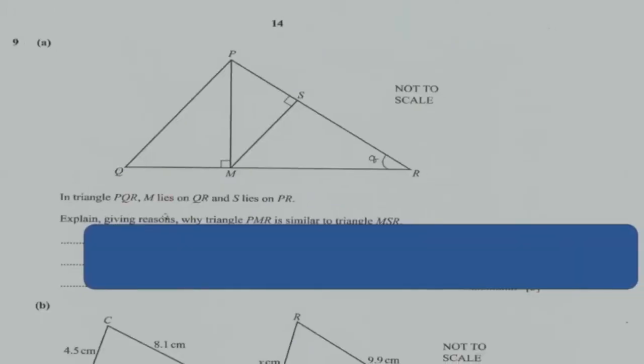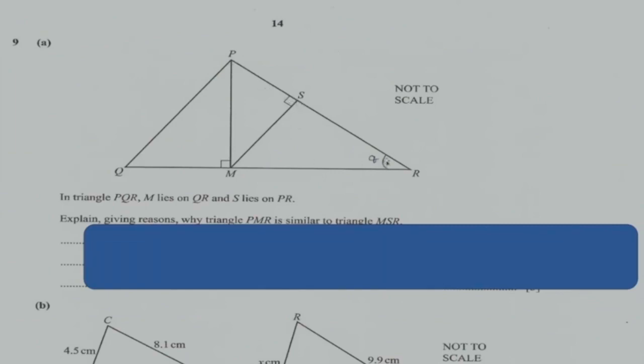In triangle PQR, M lies on QR and S lies on PR. Explain giving reasons why triangle PMR is similar to triangle MSR. This one 90 degrees and this one also 90 degrees. PMR is 90 degrees and MSR means 90 degrees.